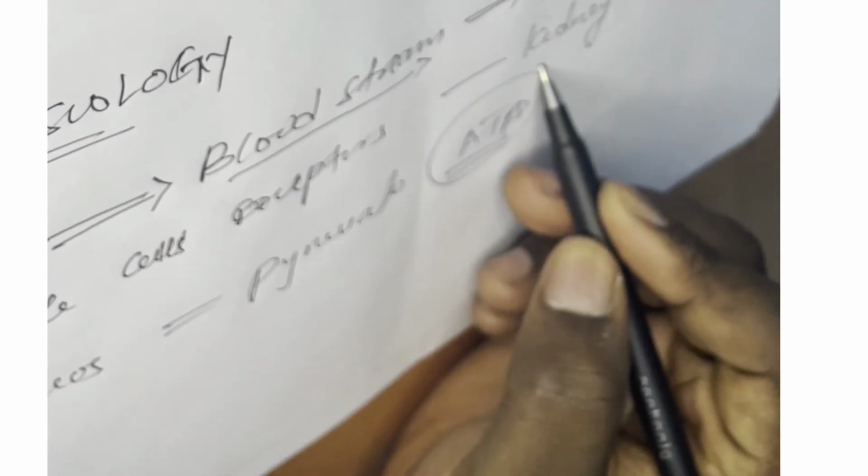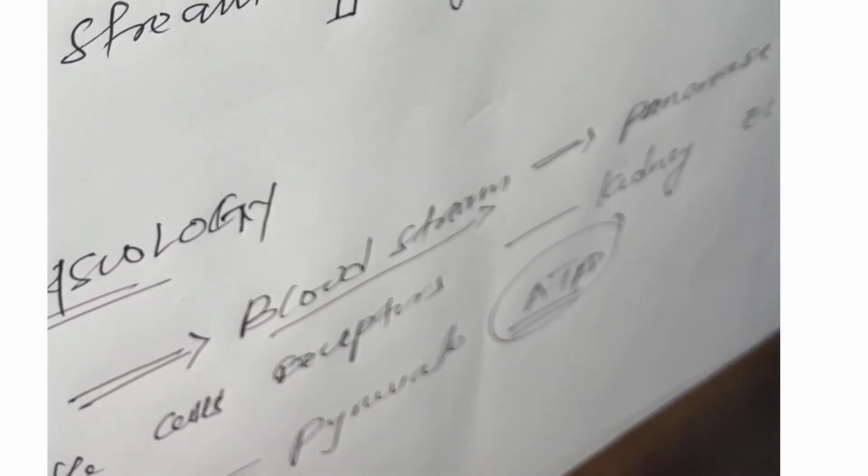When there is an absence of ATP, the cells are not taking advantage of the blood glucose. It will just come into our blood, then go to the kidney, where it is excreted and urinated through the urine. So in brief, this is the pathophysiology.